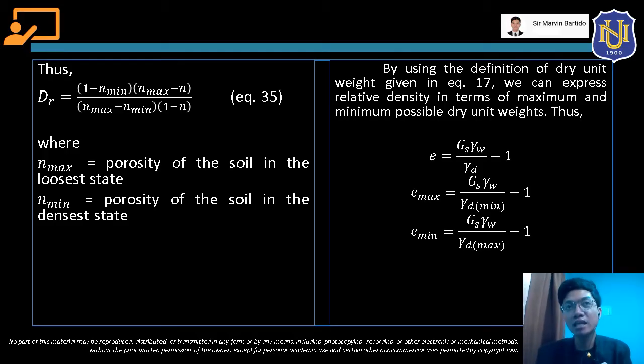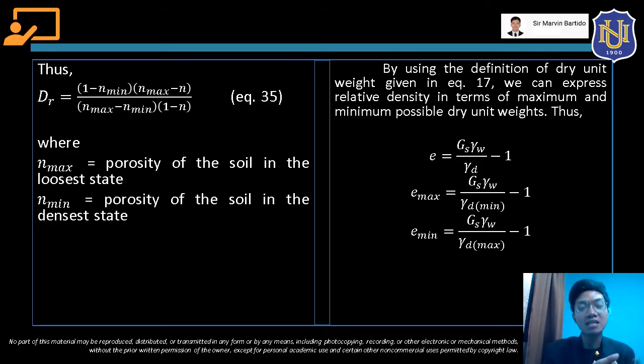And our total volume includes the volume of soil solids and the volume of voids. Right? So, class, when our void ratio increases, when it is E sub max, the volume of voids increases. So, class, when the volume of voids is large, the total volume in gamma dry increases. Right? And when the total volume increases in gamma dry, class, the total volume is in the denominator. So as it increases, the value of gamma dry decreases. Right? Because it is in the denominator.